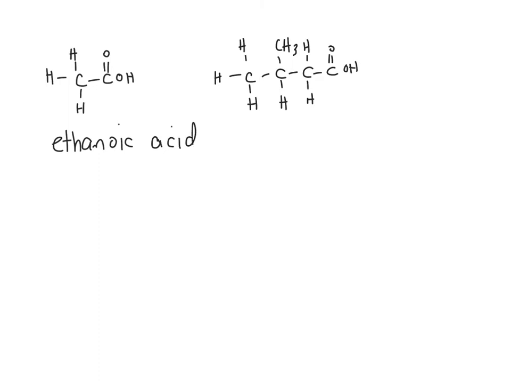All right, the next structure, our longest continuous carbon chain is 4, but we will have a side group. So 4 means butan, so it's butanoic acid.